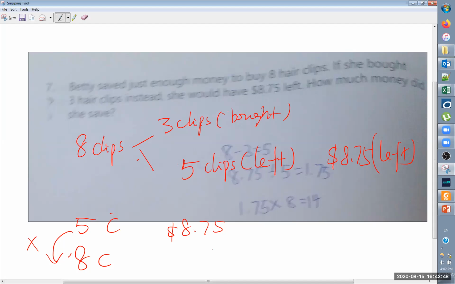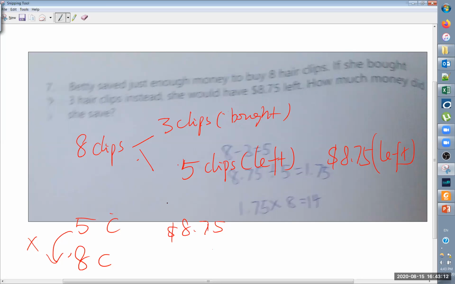Calculator? From 5 to 8 is increased by how many times? How many times? 1.6. Yeah, so it increased 1.6 times.